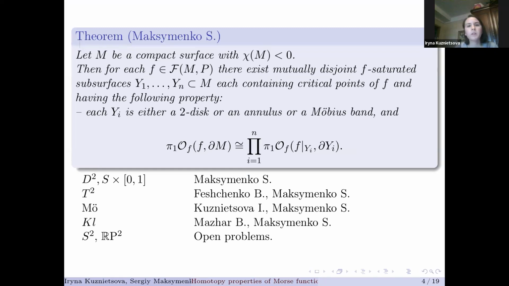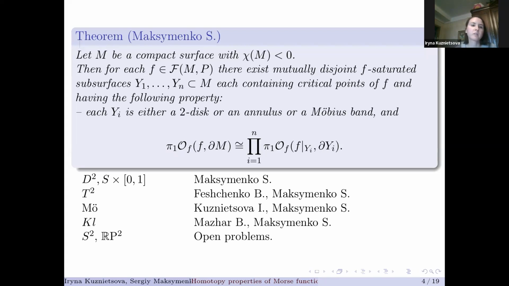So the talk will be devoted to the precise algebraic structure of the fundamental group of orbits of the functions on non-orientable surfaces. And I'll start with the result of Sergei Maximenko, and it's about reducing to several cases on disks, annulus, and Möbius bands.